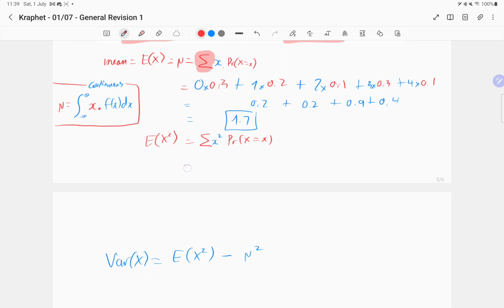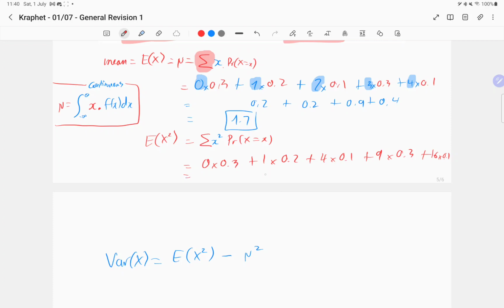Okay, so you gotta square every single blue number here, 0, 1, 2, 3, 4. So that would be 0 times 0.3, which is 0. I'm just gonna skip through a few things. So 0, actually no, I'll write it. 0 times 0.3 plus 1 times 0.2 plus 4 times 0.1 plus 9 times 0.3 plus 16 times 0.1.